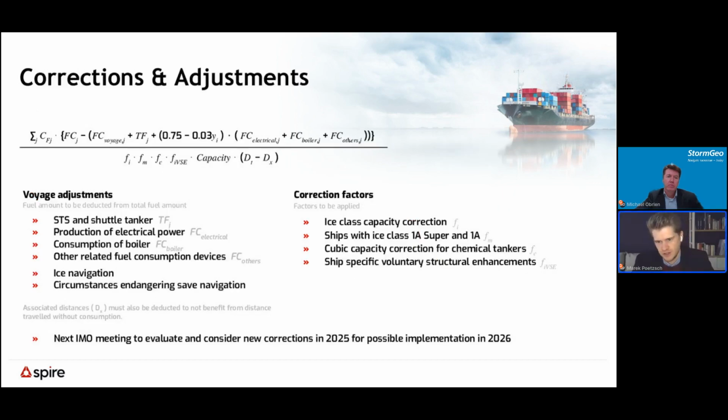So these corrections that can be applied to improve the CII rating can be categorized in two different types. One is related to consumptions of a vessel that don't directly relate to the carriage of the goods, for example, the production of electrical power, boiler consumption, and similar consumptions.